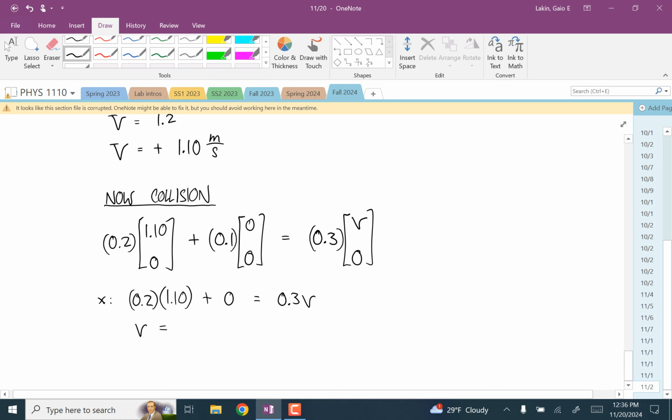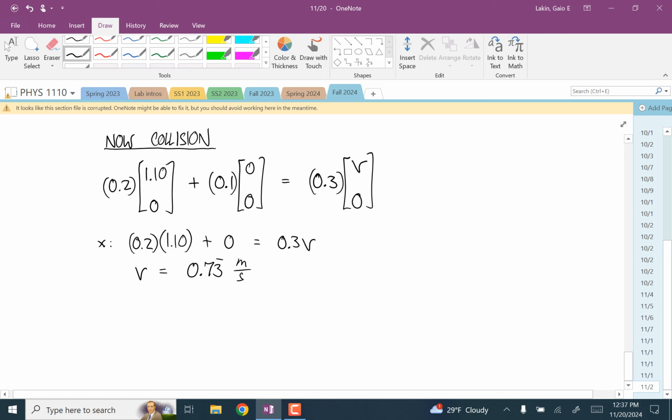So v is equal to 0.73 repeating meters per second. And so this pair of carts together is going to be moving to the right at 0.73 repeating meters per second after they latch.